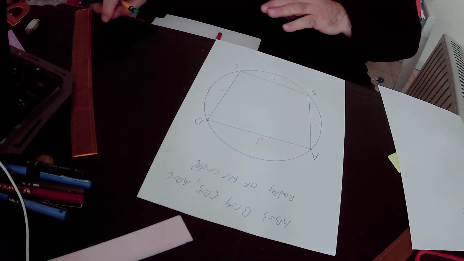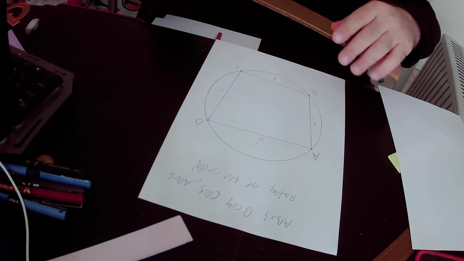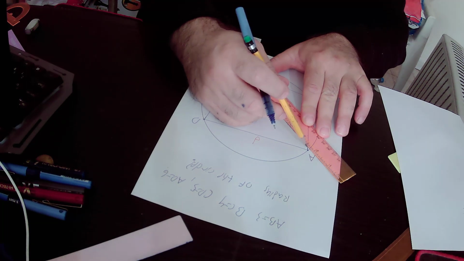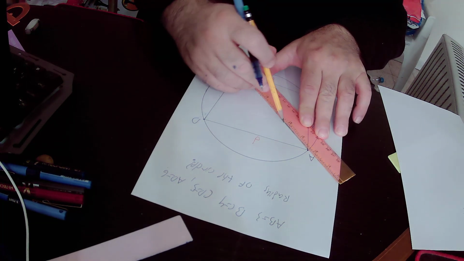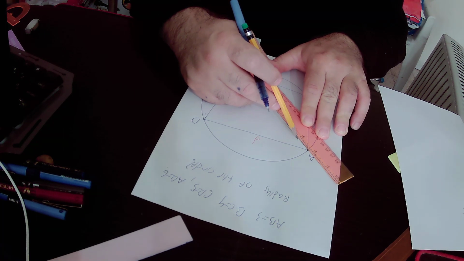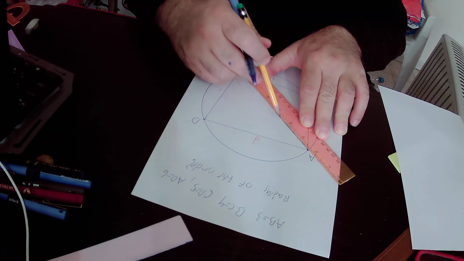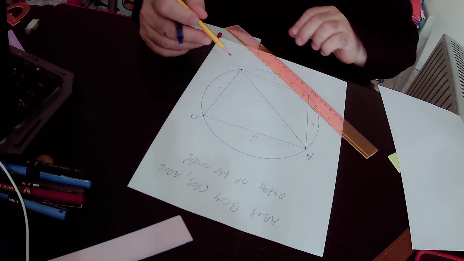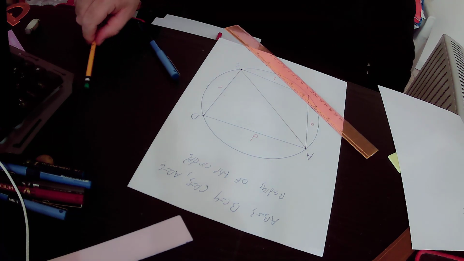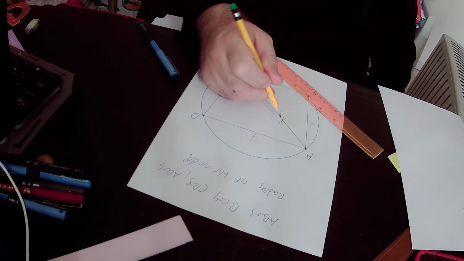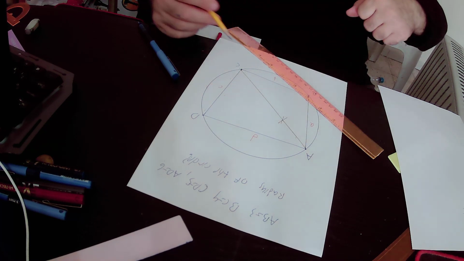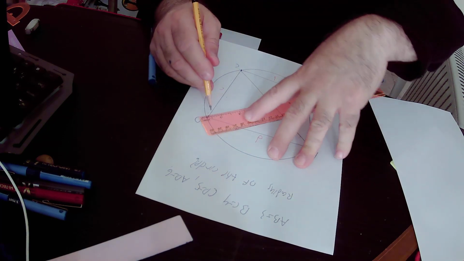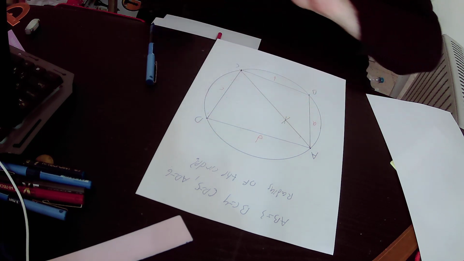So the first diagonal will be AC, and we will define diagonal AC as X. So the size of AC is X units, and we will draw diagonal DB, the second diagonal of quadrilateral ABCD.